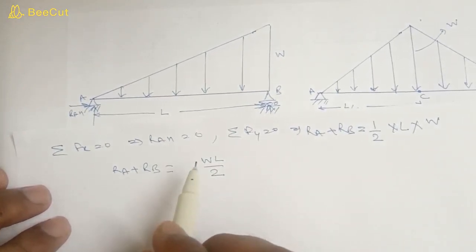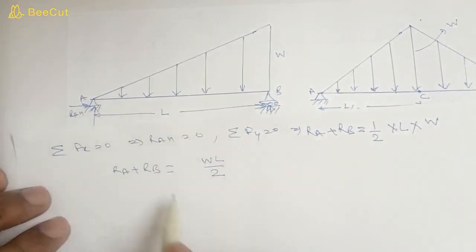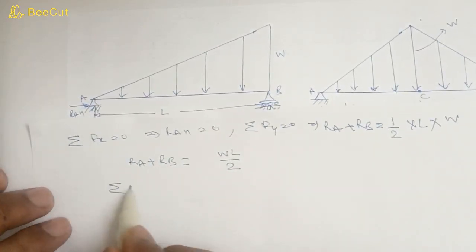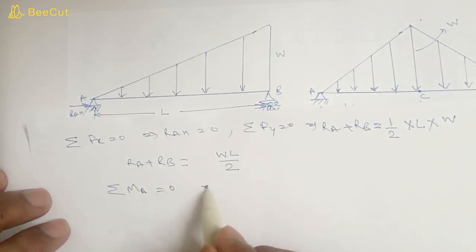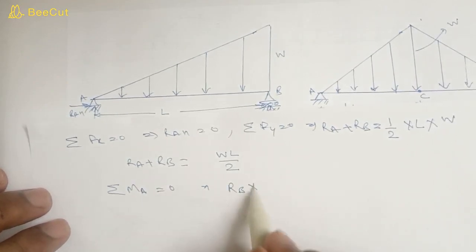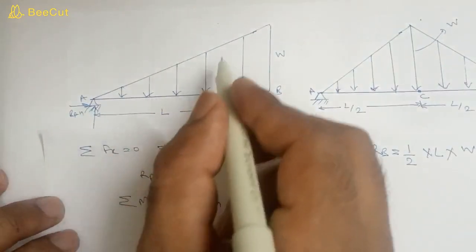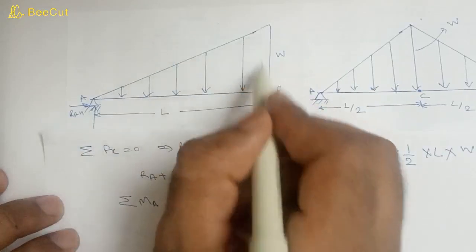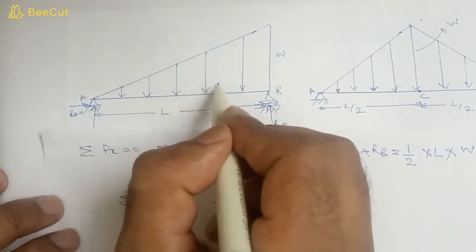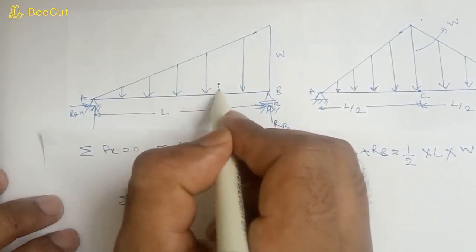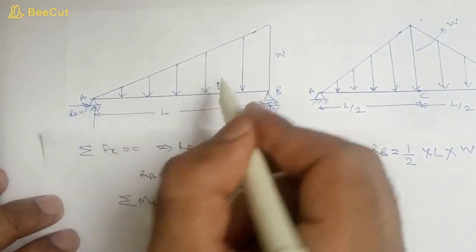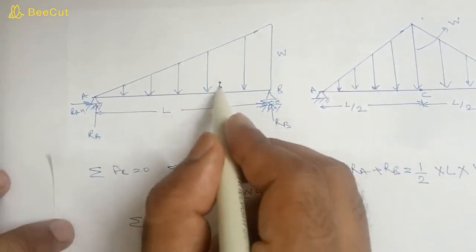Now we will take moment about A, and it should be 0. So the summation of all the moments about A is equal to 0. So RB into L will be equal to the total force into the distance from its centroid to A. This is as per rules.